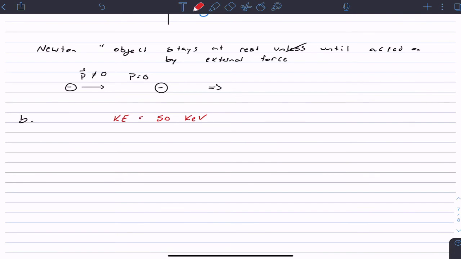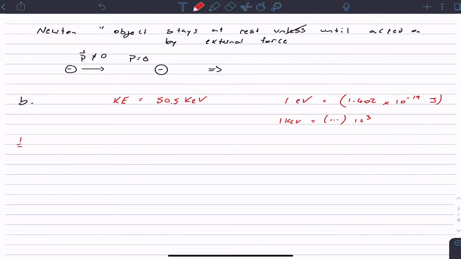And if you do the conversion, that's why this is 50.5. So if you do the conversion, 1 eV is equal to 1.602 times 10 to the negative 19 joules, and then you would multiply all of that by 10 to the 3.